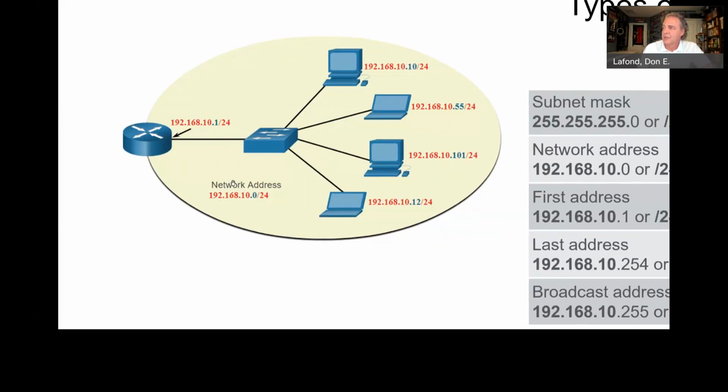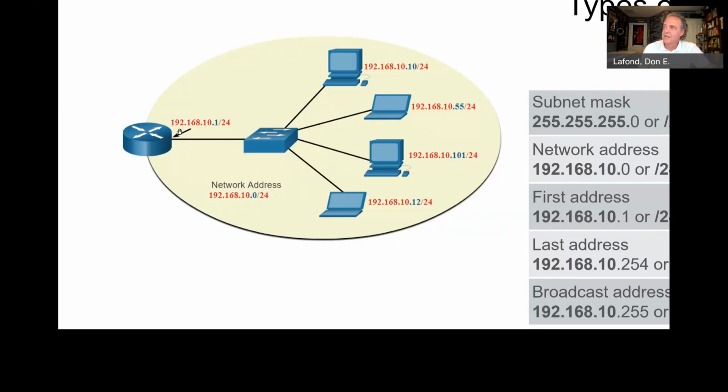I'm sorry, 192.168.10 is the network portion, but we normally refer to it as the 10 network. So it's kind of odd to have the 0 as a highlighted item. But anyway, we have the network address of 192.168.10.0.